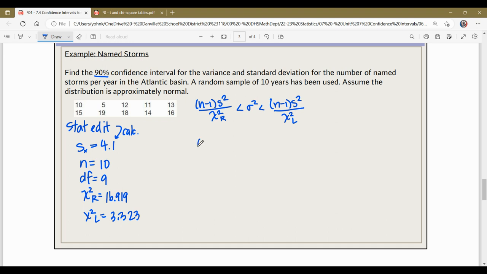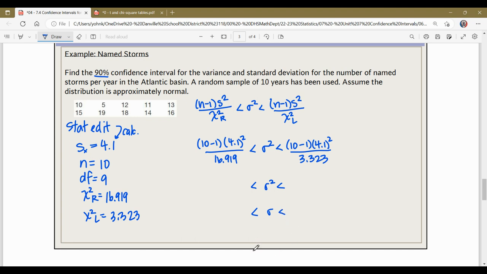All right, so we have the quantity 10 minus 1 times 4.1 squared over 16.919 is less than sigma squared is less than 10 minus 1 times 4.1 squared over 3.325. All right, so I'm going to find what my variance is, and then I'm going to square root it so I can find my standard deviation.